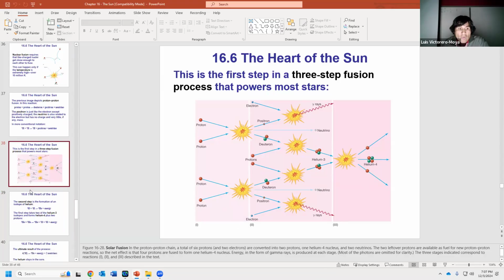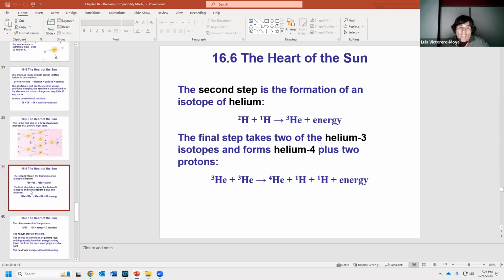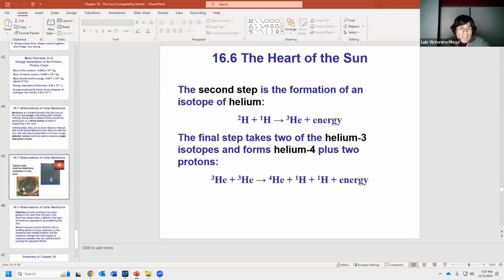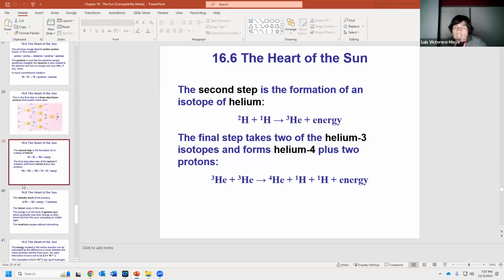Now, of course, here's the end of the reaction. Eventually, the sun will contain more helium than hydrogen in the core, and that will bring instability in the core. The core will shrink, and in the case of the sun, it will have to go through a series of processes to eventually burn helium into higher mass elements: carbon, nitrogen, oxygen, right?